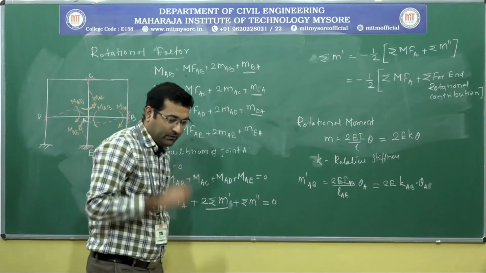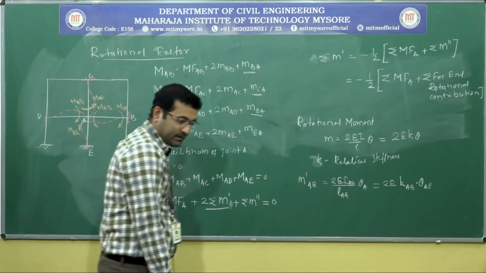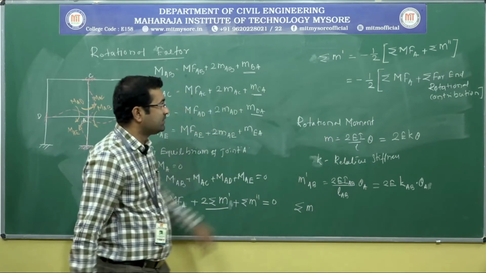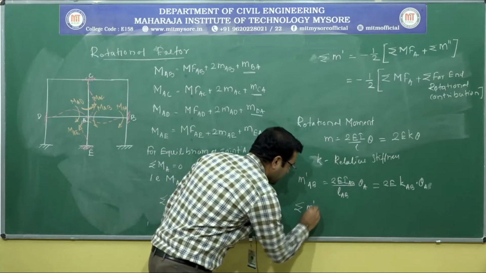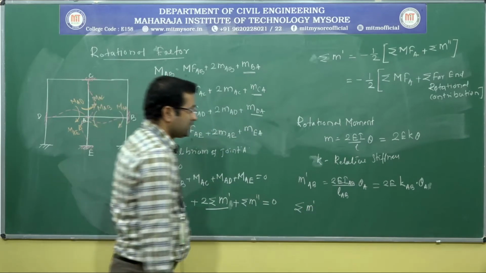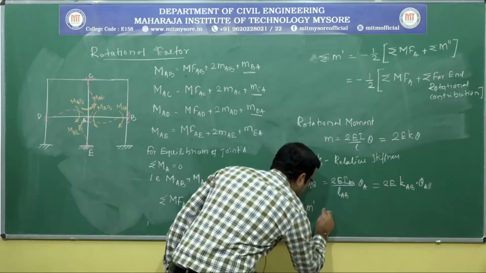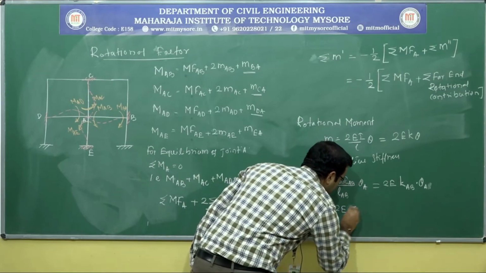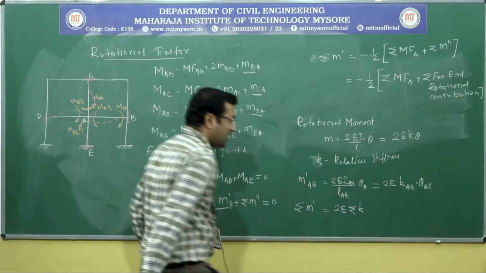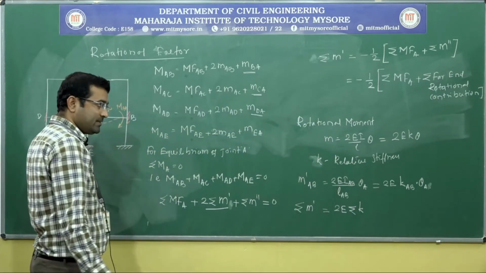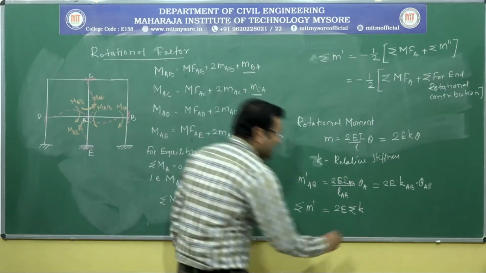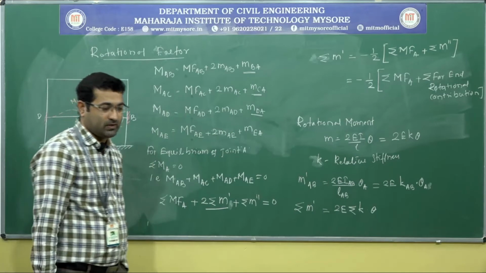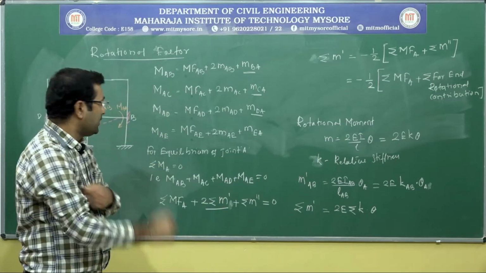That is, the summation of moments, this value M dash, the rotational contribution. That is also nothing but 2E into the summation of the stiffness of all the members at this particular joint into the respective rotations.